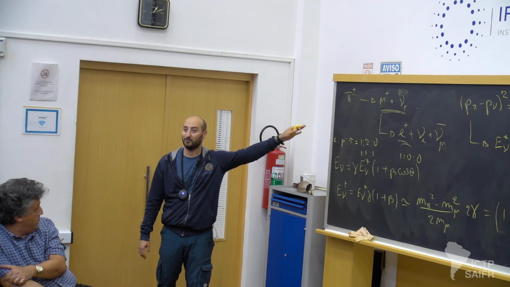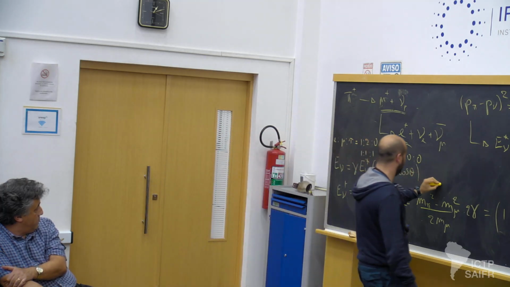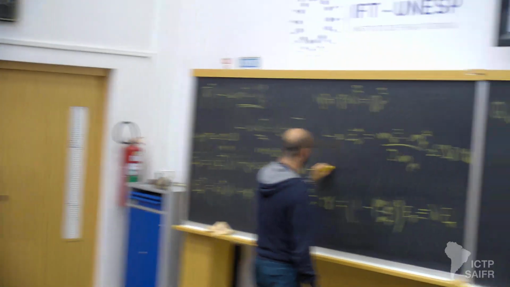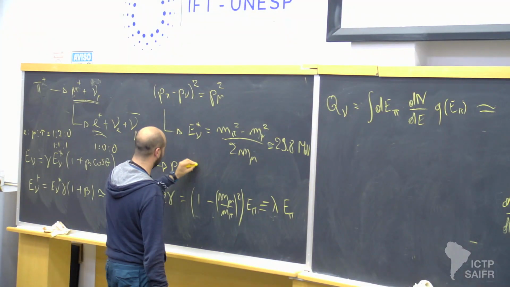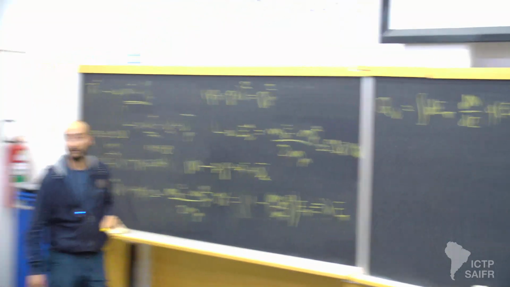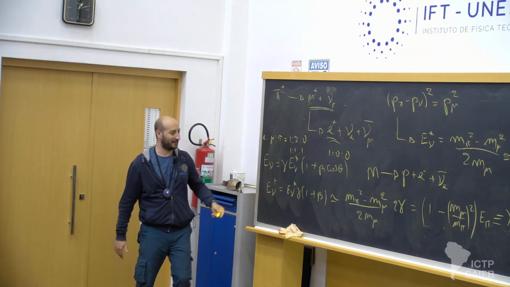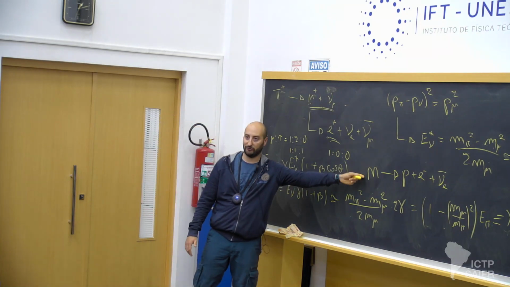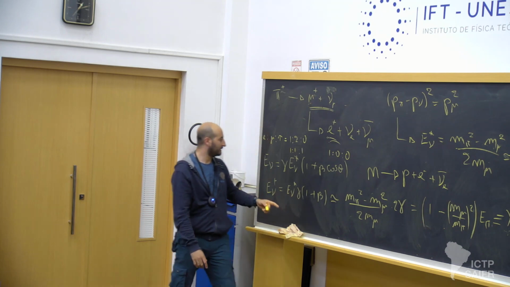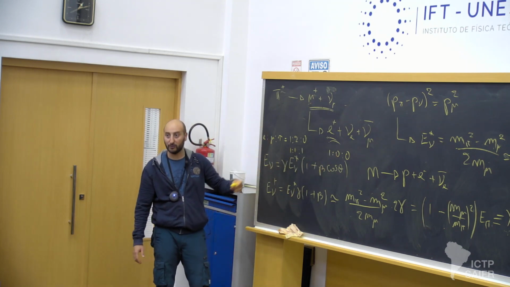Not pion production, neutron decay. A neutron goes into a proton plus an electron plus an antineutrino. If, by hypothesis, this is the dominant source of cosmic neutrinos, then the ratio would be 1 to 0 to 0. And the ratio at the Earth would be modified accordingly.